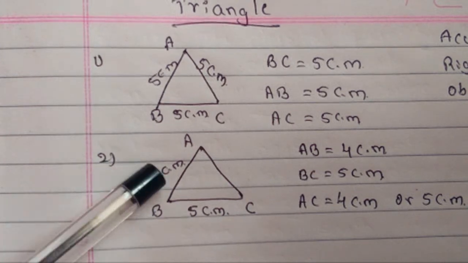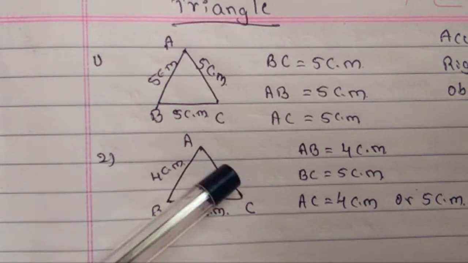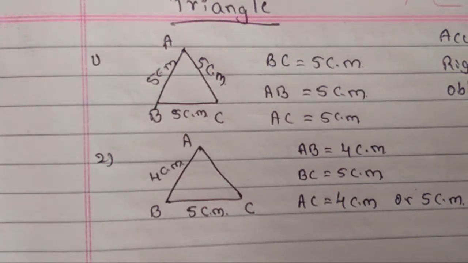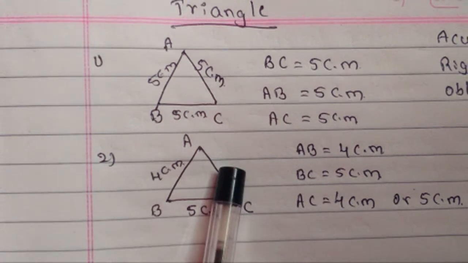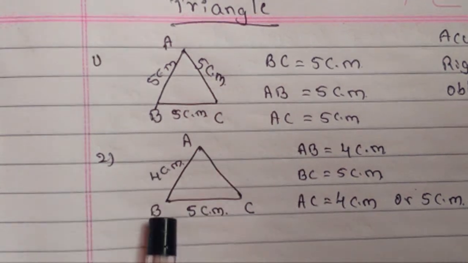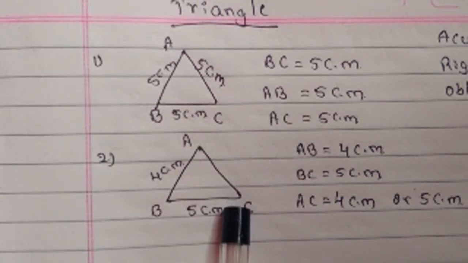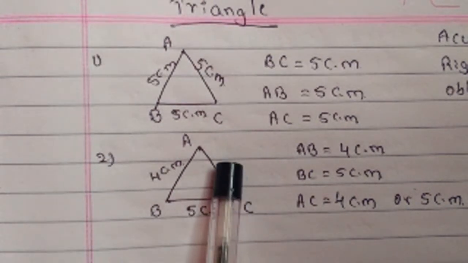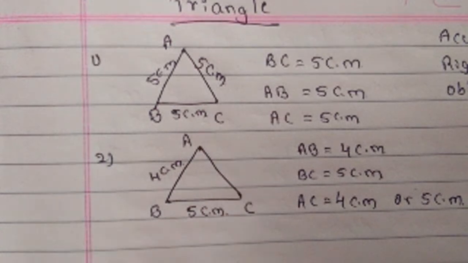That's why it becomes 4 centimeters, because in an isosceles triangle any two sides are equal to each other. In the second case I will consider BC equals AC. So here also two sides are equal, so I will consider AC as 5 centimeters. That is also possible. Not only 4 is the answer, we can consider 5 also.